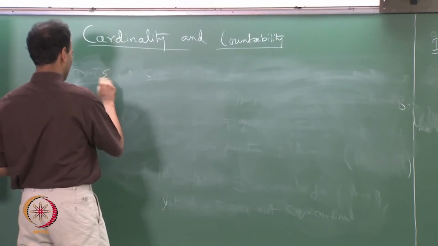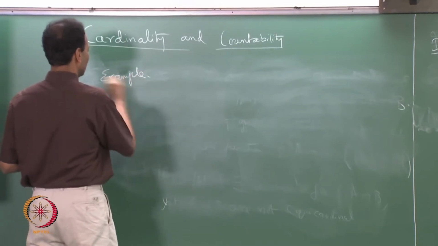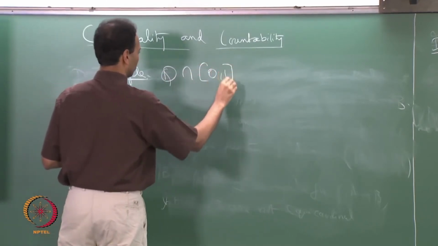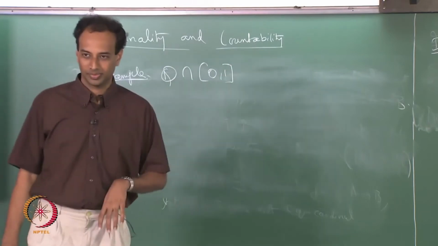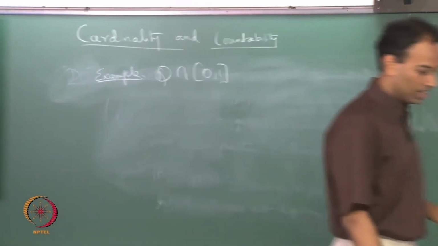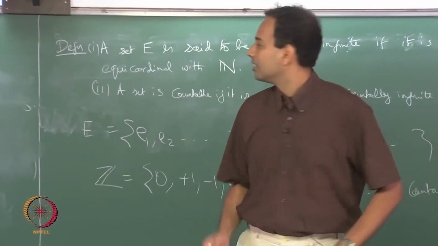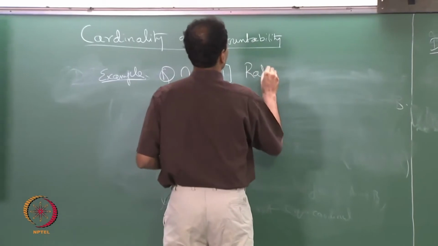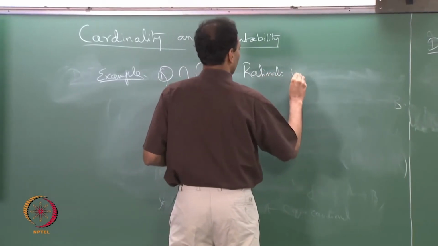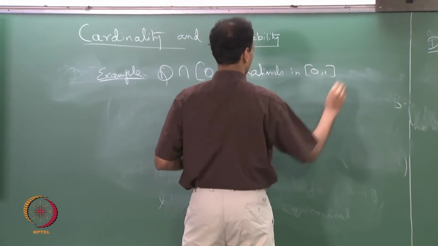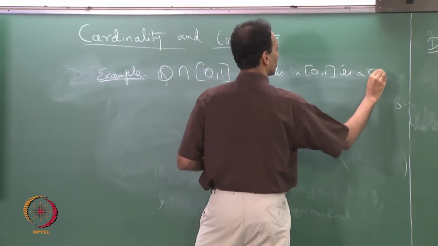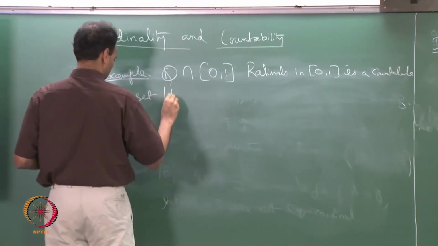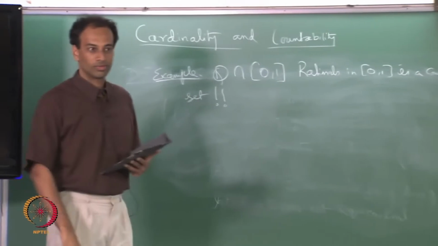I will prove that rationals are countable a little bit later. So another example, let us just consider rationals between 0 and 1, and show that this is a countable set.